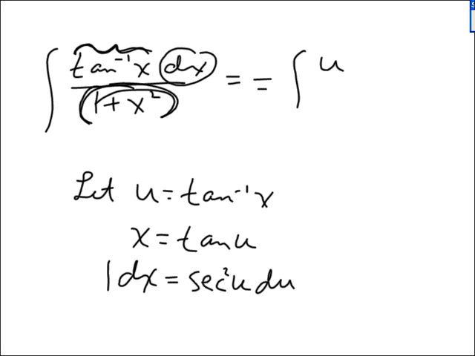Okay? This was u, and dx is secant squared u du. Maybe this is not so much different than what we did.